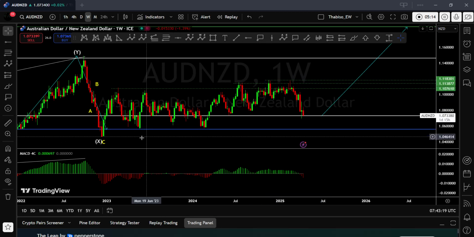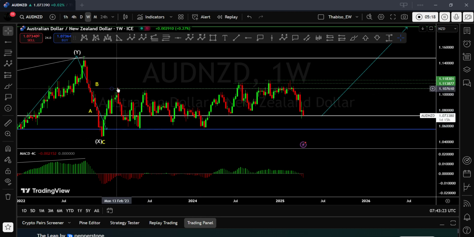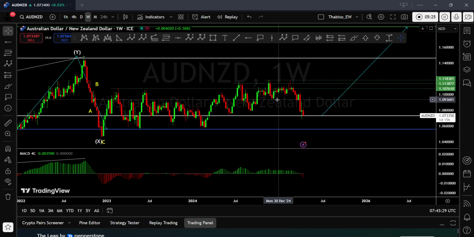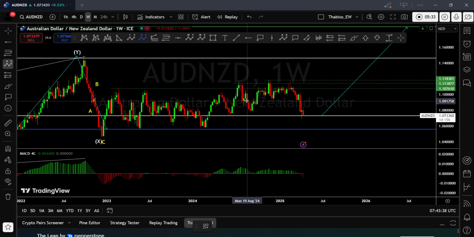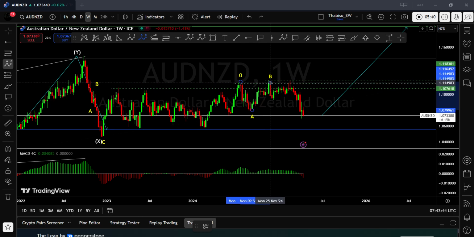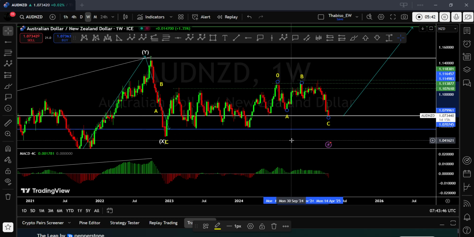So since we made this X, we've seen a move up, correction, a new high, correction, a new high, correction, and so according to how we've seen these corrections, this could well be an expanding flat correction.